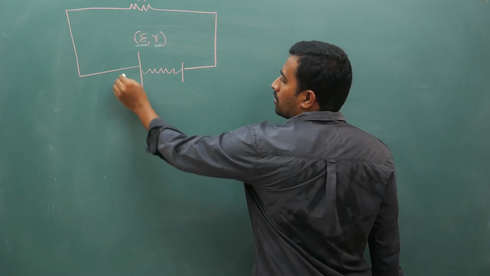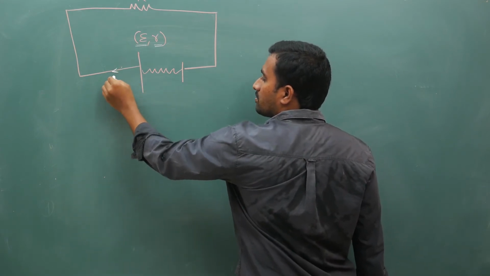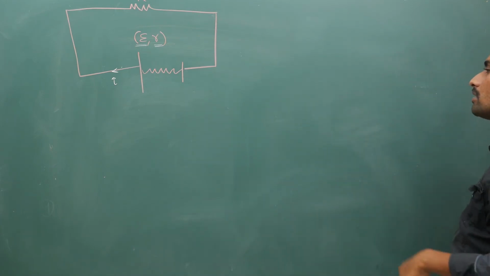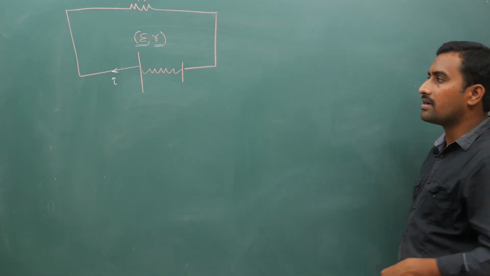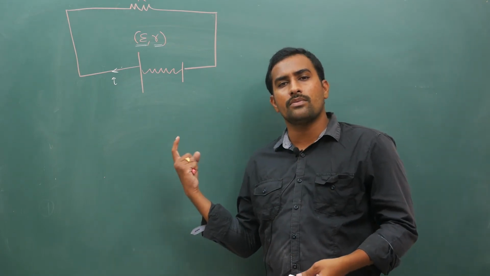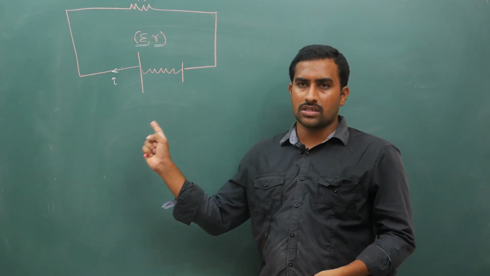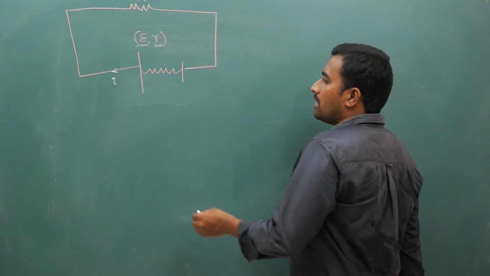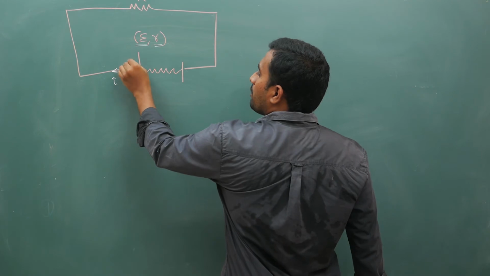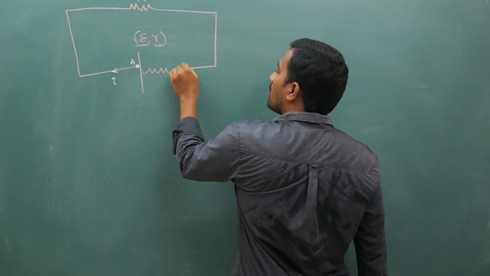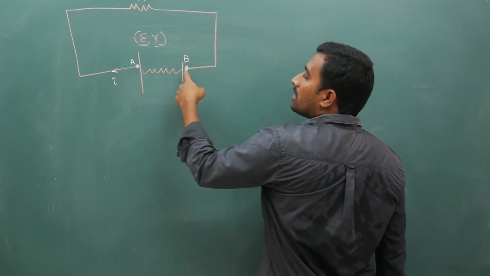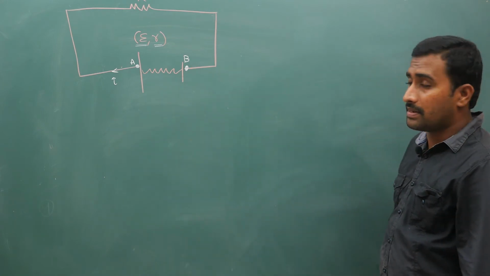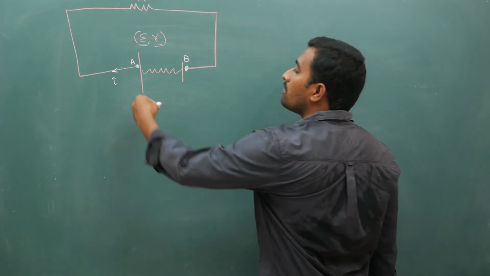Usually your current starts from the positive terminal, though it depends upon the number of cells connected in the circuit. Here you have only one cell, so obviously outside the current is from positive to negative. If I mark a point A here and a point B, your terminal potential difference is the potential difference between A and B. What is EMF? It is the work done in a closed path.